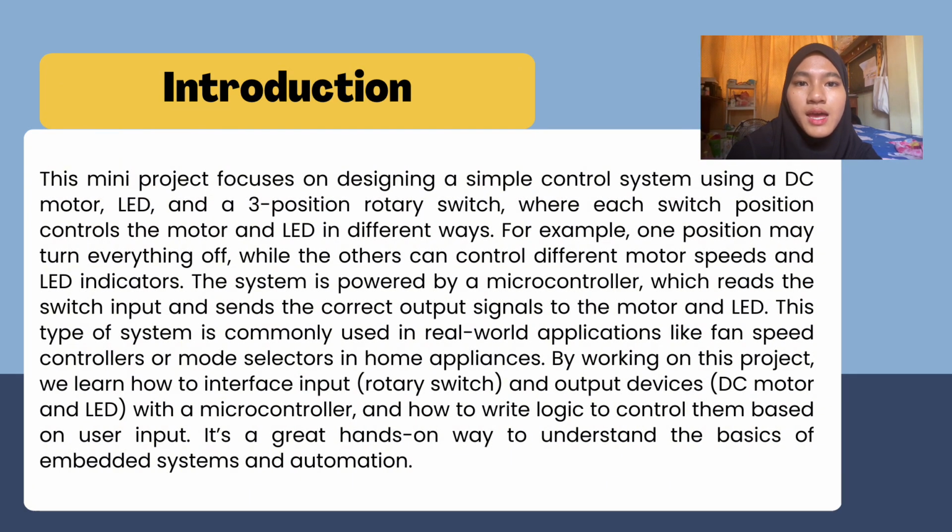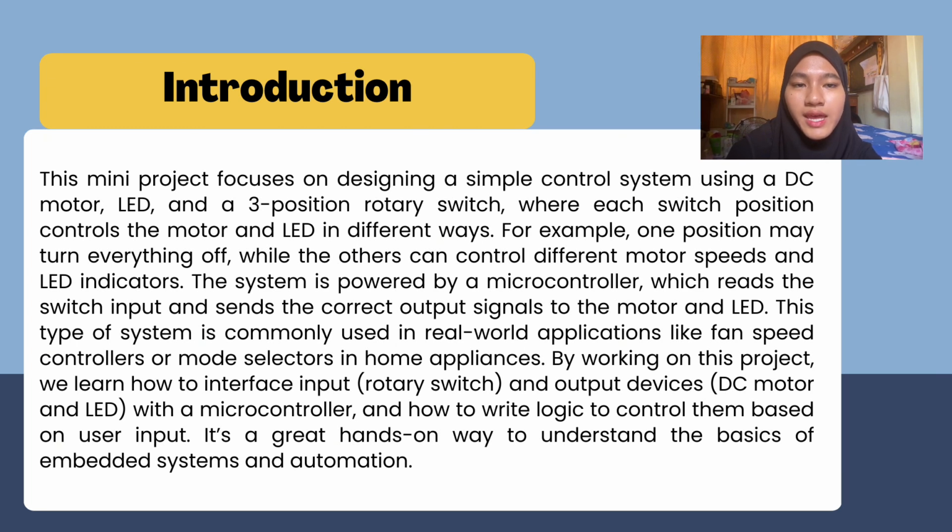in home appliances. By working on this project, we learn how to interface the input rotary switch and output devices, DC motor and LED, with a microcontroller and how to write logic to control them based on user input.